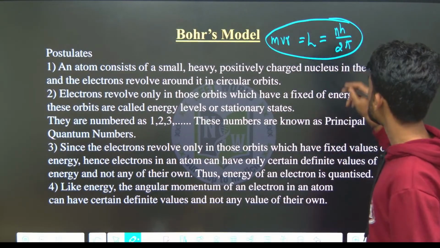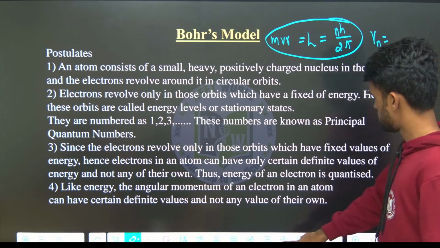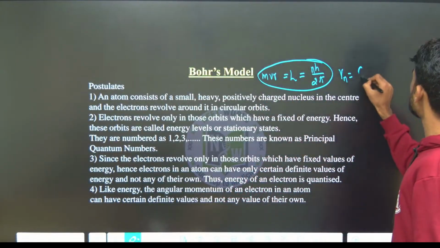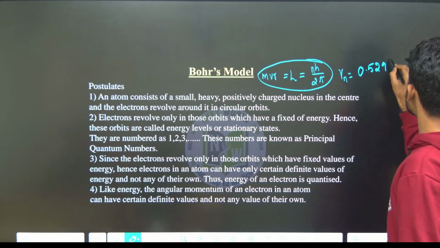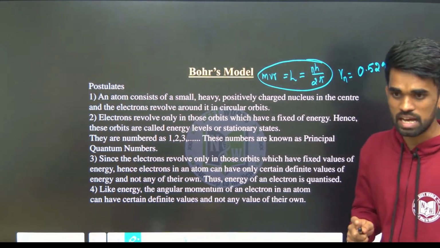From this we have derived the value of radius. The formula for radius we got as 0.529 n square by Z. Derivation and everything is discussed in the last class itself.